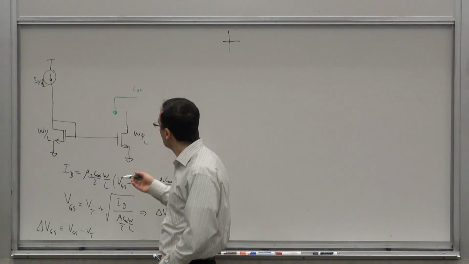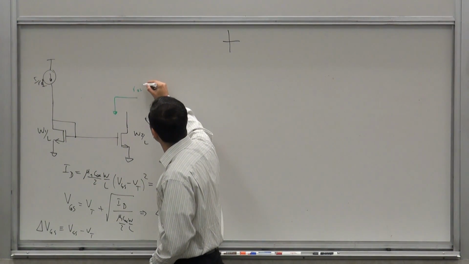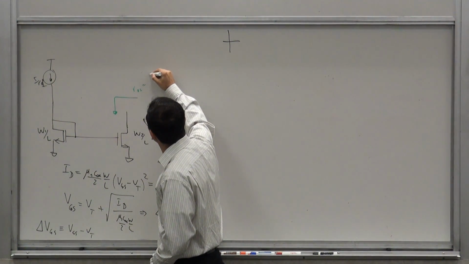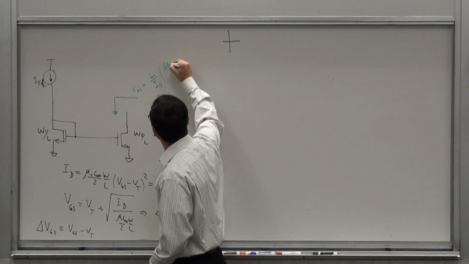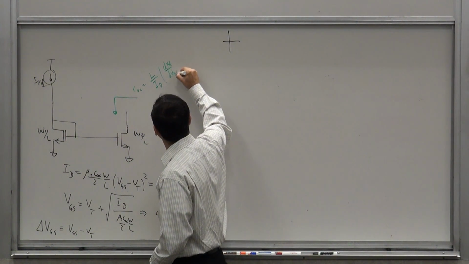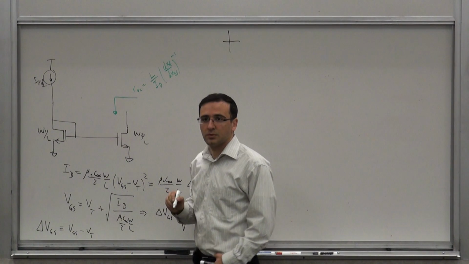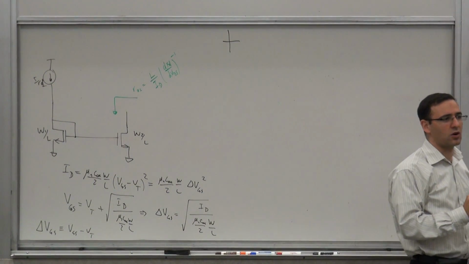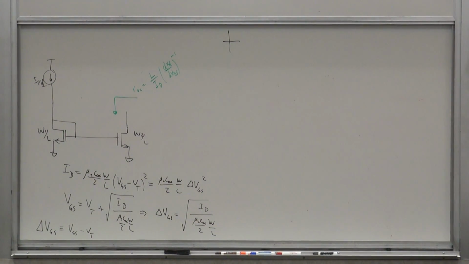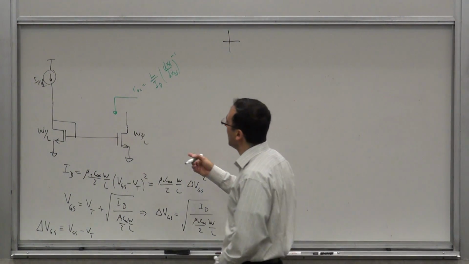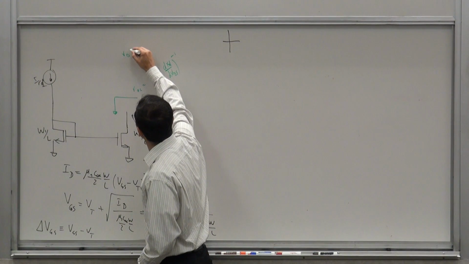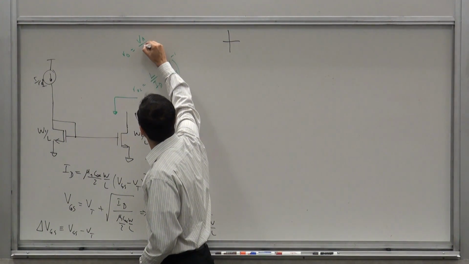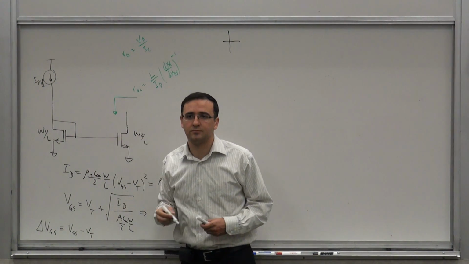So if you wanted to think about RO, it was basically L over ID, dXt/dVDS to the power of minus 1. That was its RO for a MOSFET. And for a bipolar, it was VA over IC. If you were a bipolar, it would be the Early voltage VA over IC of the transistor.